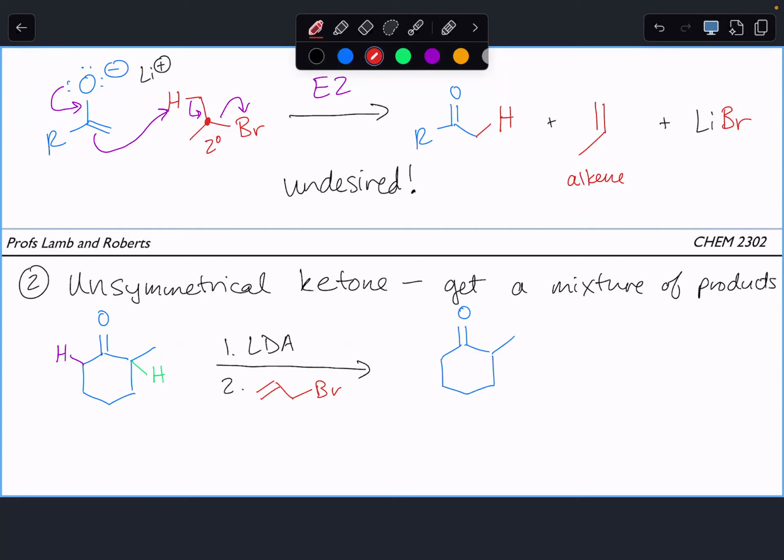We could alkylate on the left side, 1, 2, 3, 1, 2, 3, or we could alkylate on the right side.